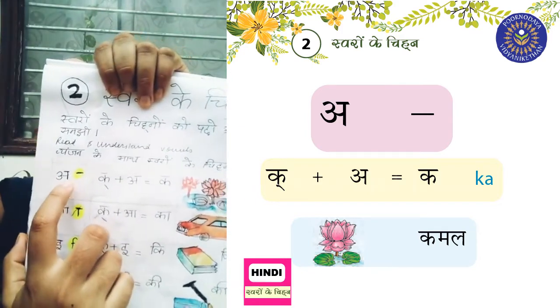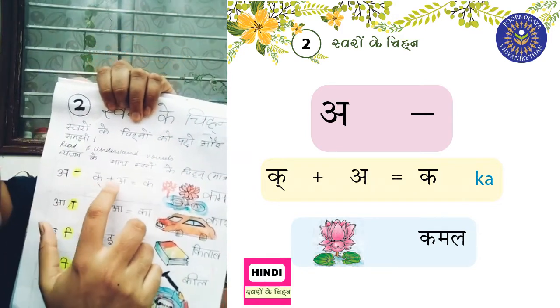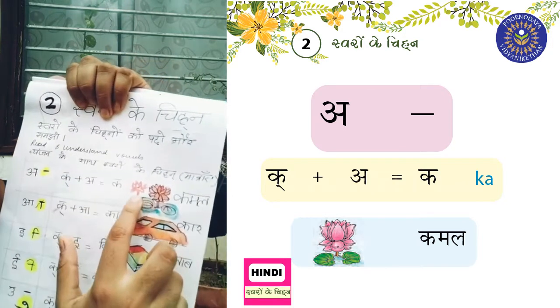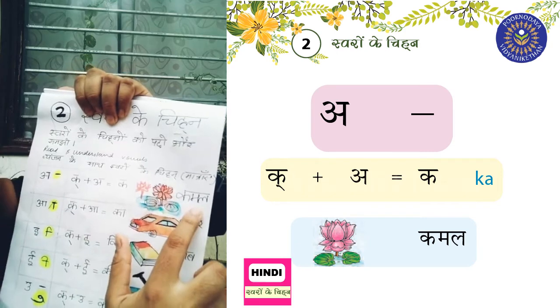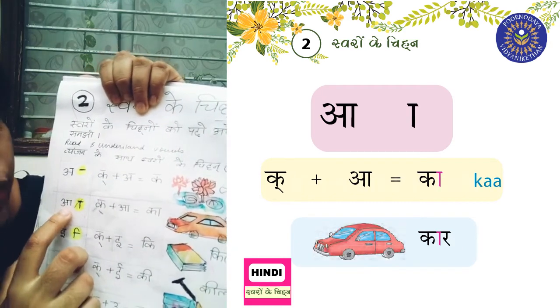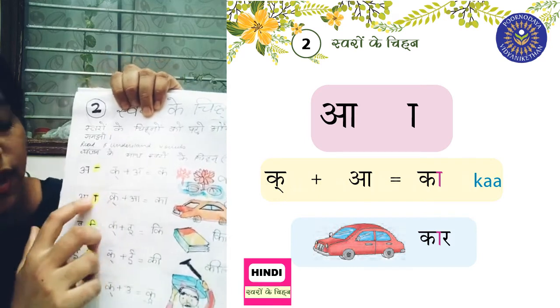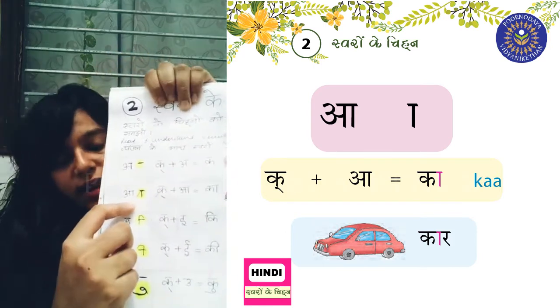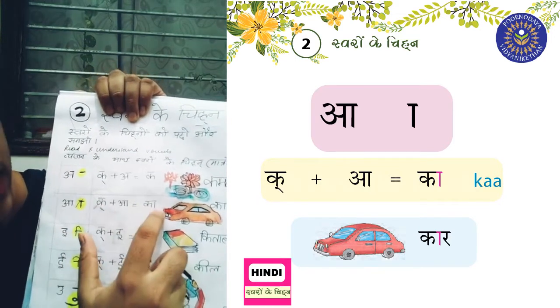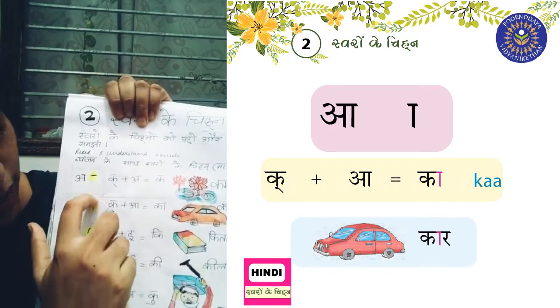A. When you combine a with vyanjan letter ka, ka is formed. Kamal is lotus. When you combine aa matra with ka, kaa is formed. You see this matra?